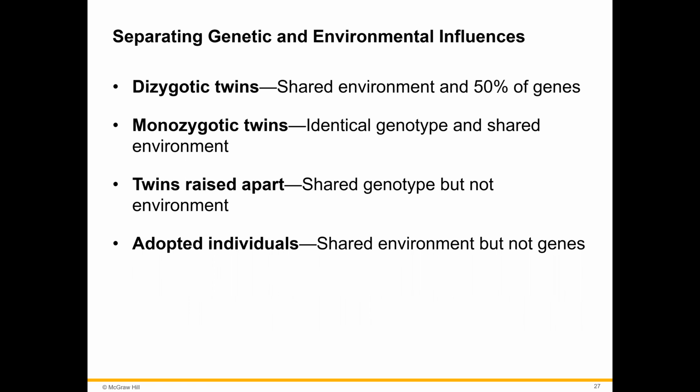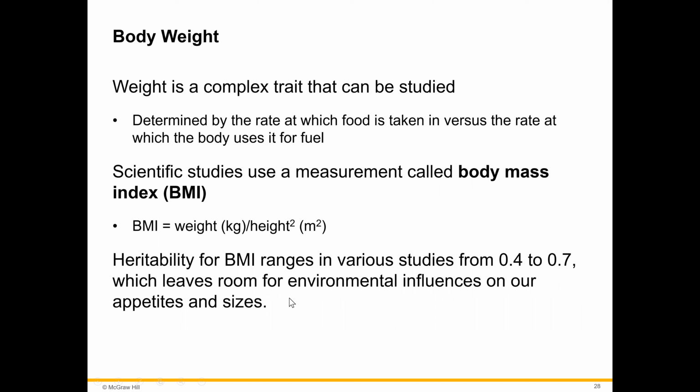What is the percentage? 50% of genes between fraternal or 100% between identical. And we're looking at how much of the environment they share. Based on our observation, we can predict the occurrence of the disease or condition in different groups of individuals based on both genetics and environmental factors.